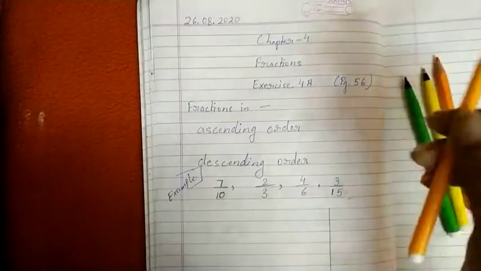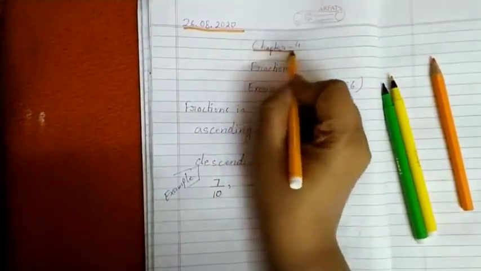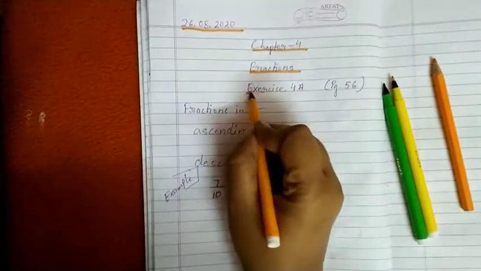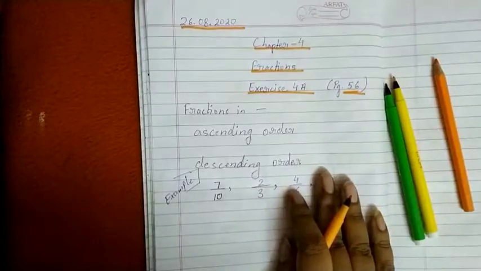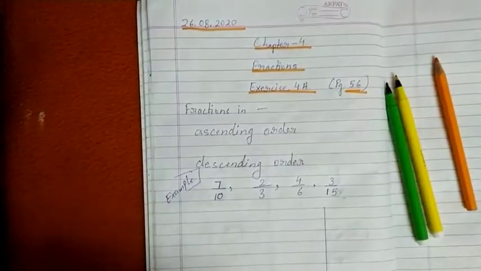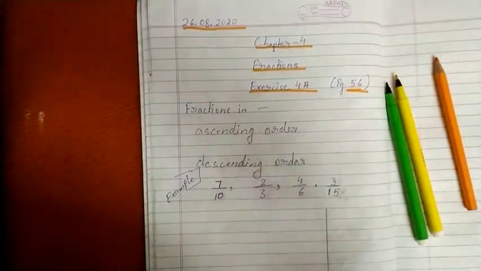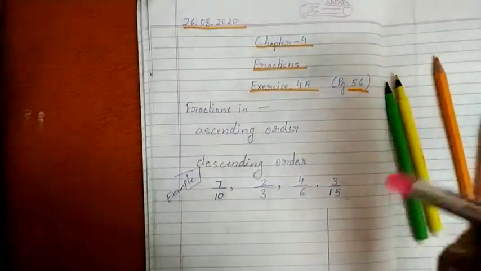Now children, we all know today is 26th August, 4th chapter fractions, exercise 4A, but page number 56. Page number 56, here we will learn how to arrange fractions in ascending order and in descending order.